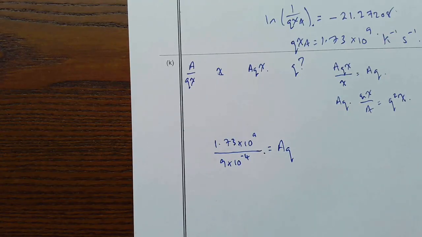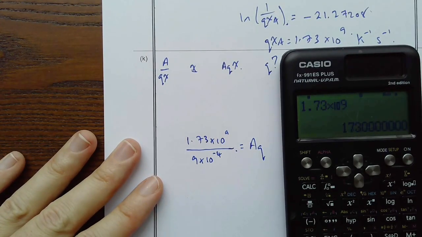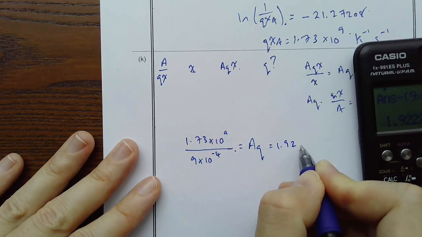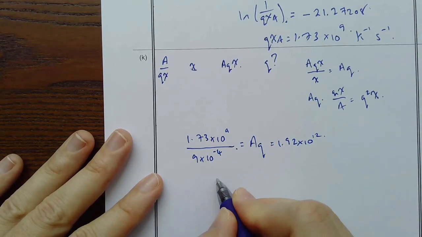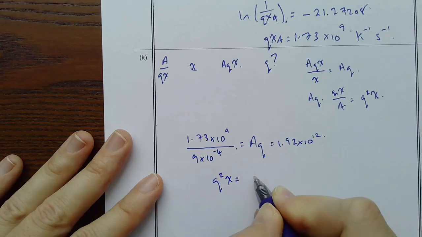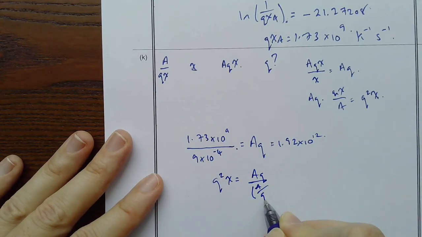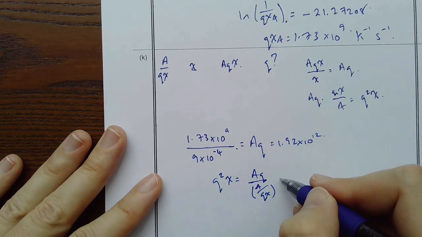Okay, so if I work that out, 1.73 exponential 9 divided by 9 exponential minus 4, I get 1.92 times 10 to the power of 12. And then I'm going to say q squared chi is equal to aq divided by a over q chi. Just multiplying it by the other way, right?